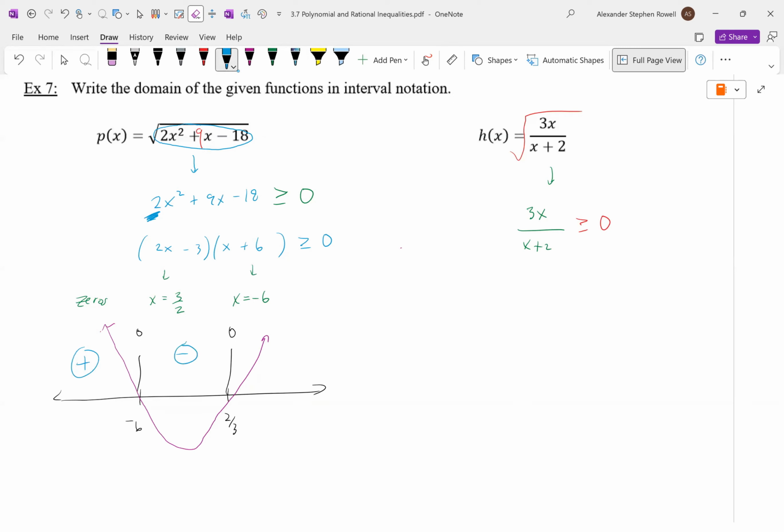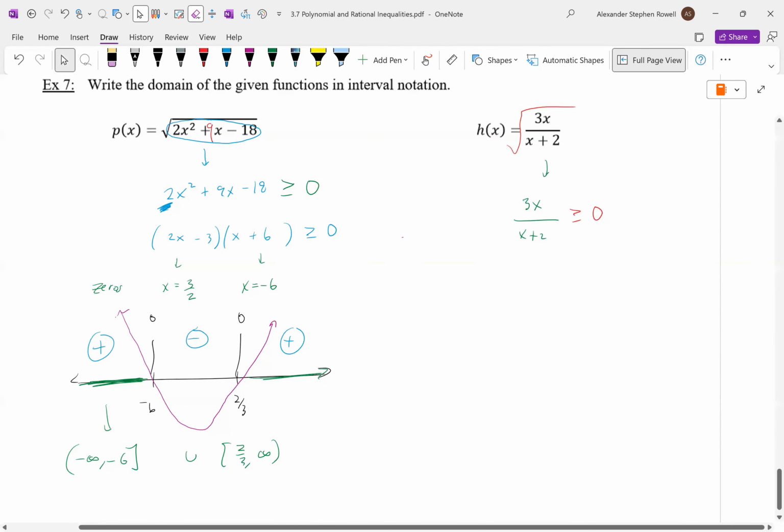Positive, negative, positive. Which intervals am I looking for? Positive. So that would be negative infinity to negative 6 inclusive, union 2/3 to infinity. Any questions about that?